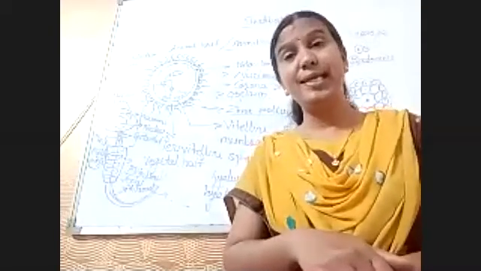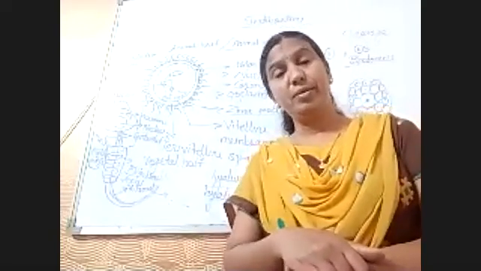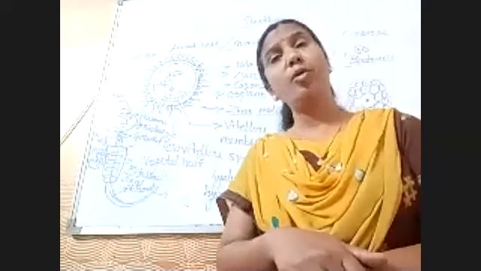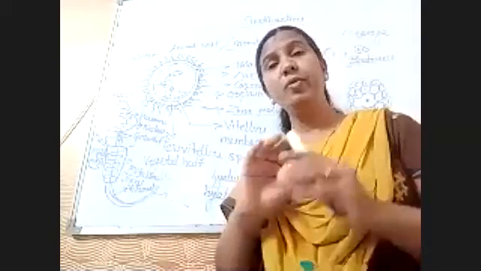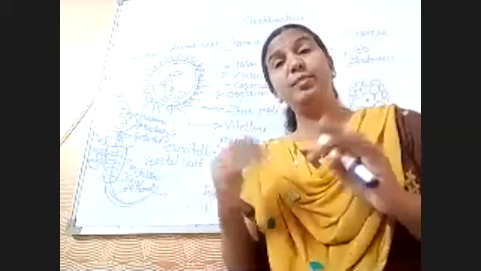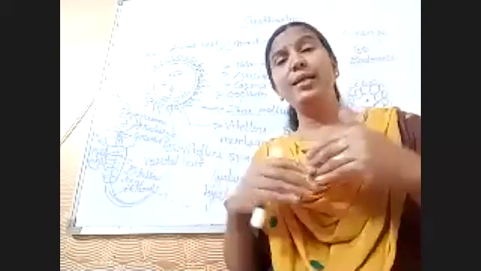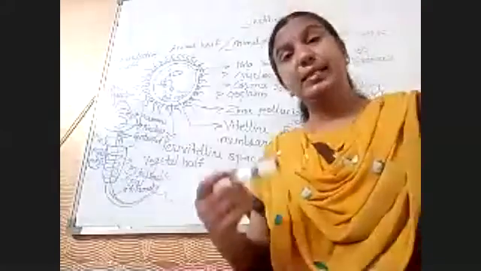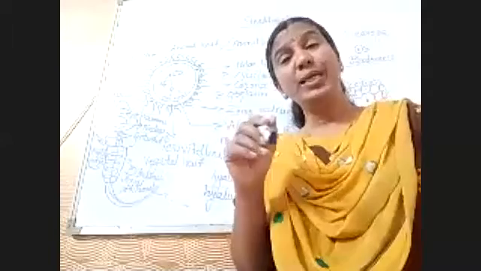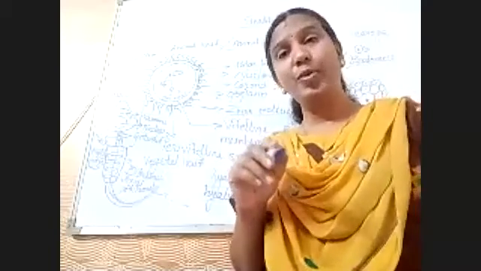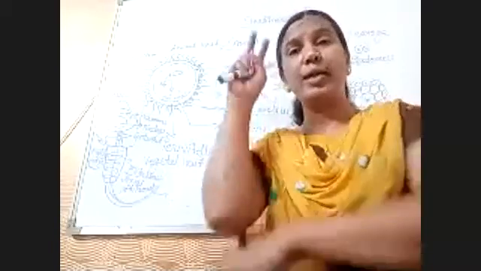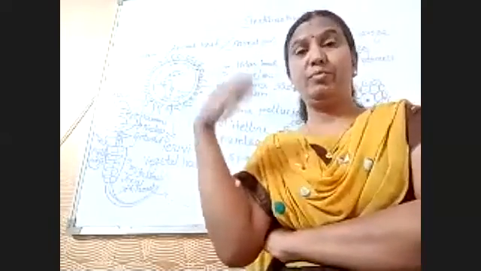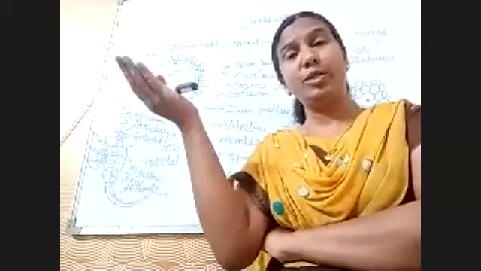One may be male and the second baby may be female, or both may be male or both may be female, but still they will have differences, there will be no similarity. What I have told you is called dizygotic twins. Dizygotic, two zygotes form and they will further develop and be born. That is called dizygotic twins.